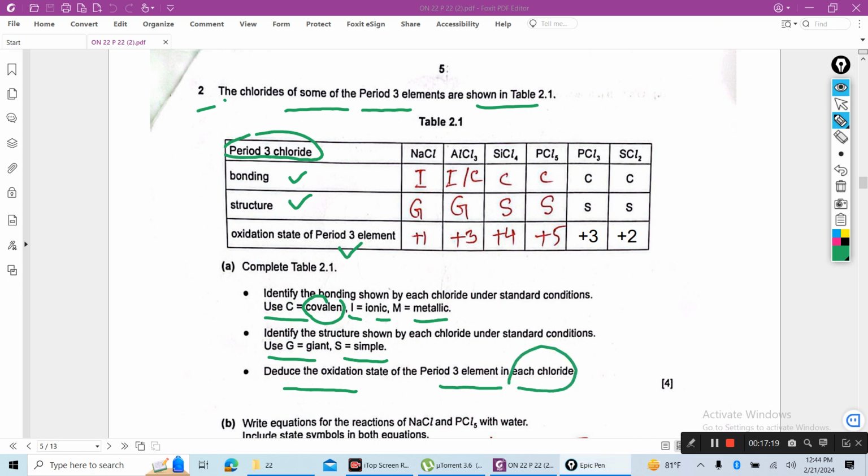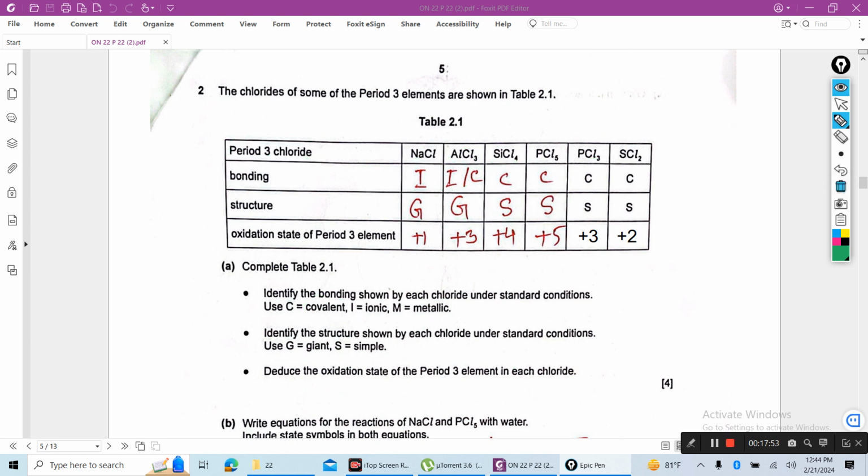Now you see, sodium chloride is ionic, aluminum chloride you can write ionic or covalent, silicon tetrachloride covalent, phosphorus pentachloride covalent, and PCl3 and SCl2 are also given. Structure: sodium chloride giant, aluminum chloride giant, silicon tetrachloride simple, phosphorus pentachloride simple. The other two are also simple covalent molecules.